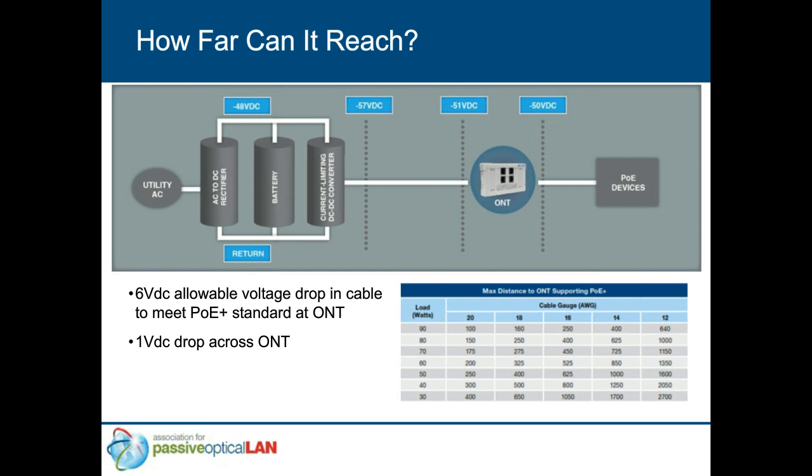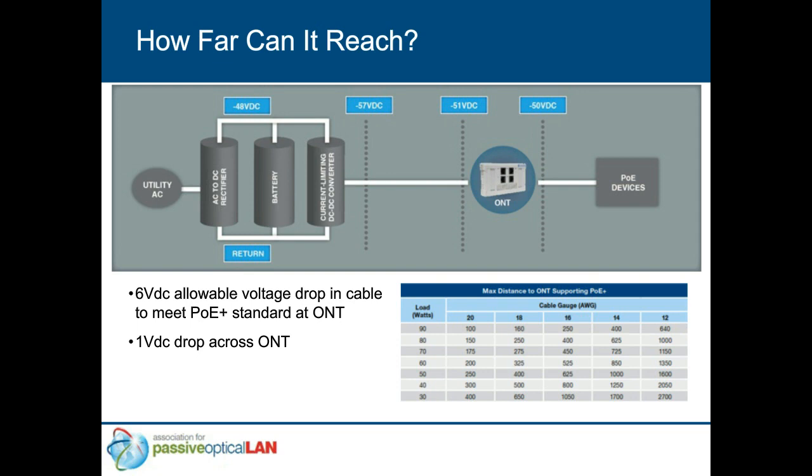We also know from experience that ONTs often have a 1-volt voltage drop across them. So that means the input of the ONT needs to be 51 volts. Now, I mentioned earlier that the output of this DC-DC converter is 57 volts, which means you have 6 volts available for voltage drop across your copper cables.